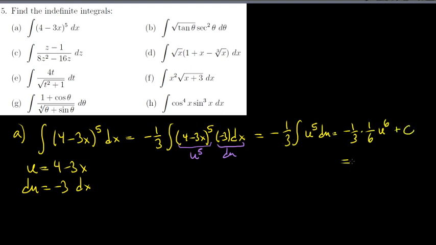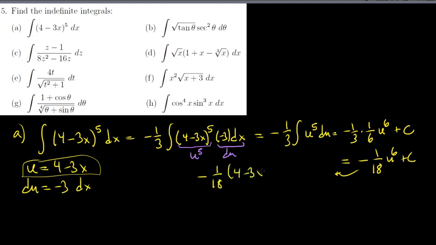So in the end we get negative 1 over 18 times u to the 6 plus c. Replace u with 4 minus 3x, so the answer should be negative 1 over 18 times 4 minus 3x to the 6th power plus c.